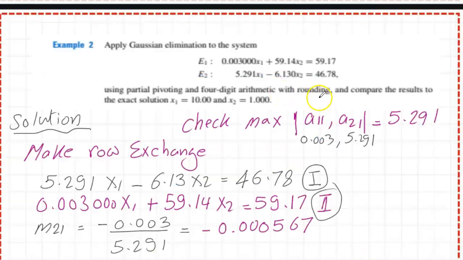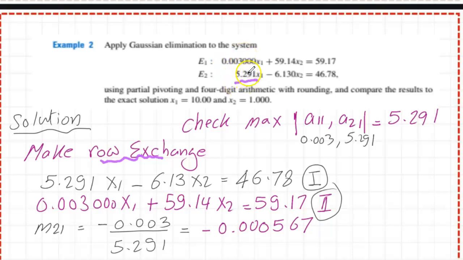In order to remedy this, we use a technique called partial pivoting, where we make a row exchange. First, we check the maximum value of a sub 11 and a sub 21.